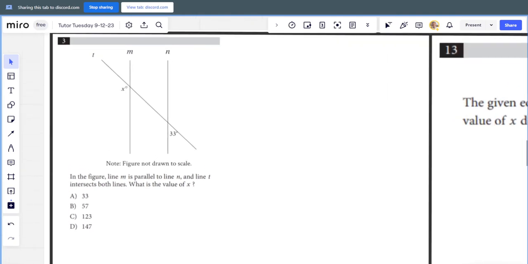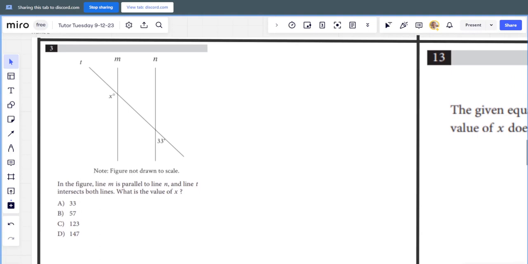Number 3 here says, in the figure, line M is parallel to line N and line T intersects both lines. And I see in the chat we've got corresponding angles, which is completely correct. Or in this case, it's going to be angles that are supplementary to each other.